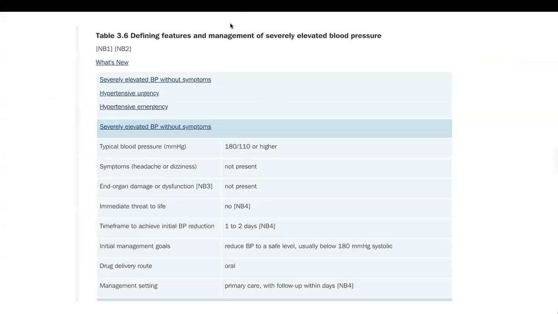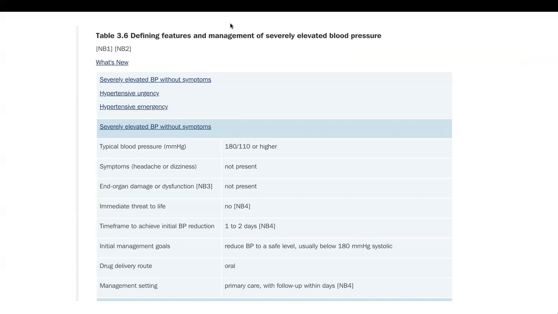Any questions? There is a reason why I'm explaining it. You might think, is it important for the exam? It is, because just very recently, there was a case where a patient came with significantly elevated blood pressure. If you don't know the normal blood pressure management, how are you going to manage a patient who has significantly elevated hypertension?